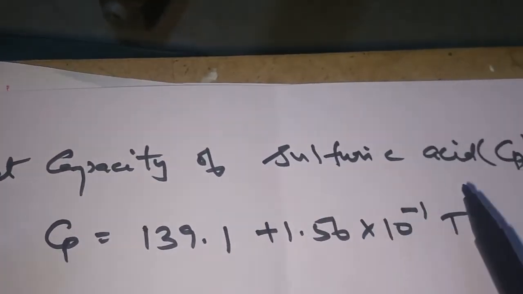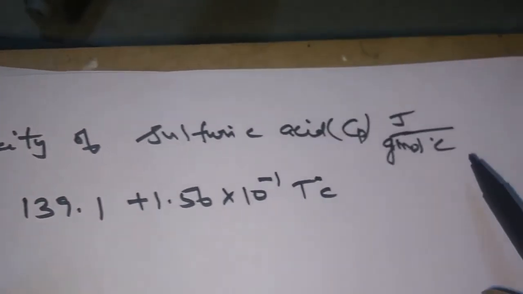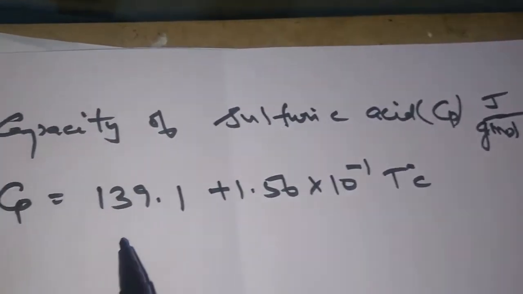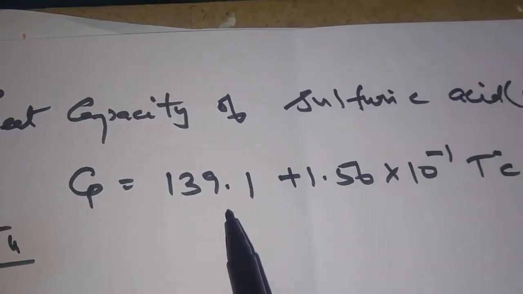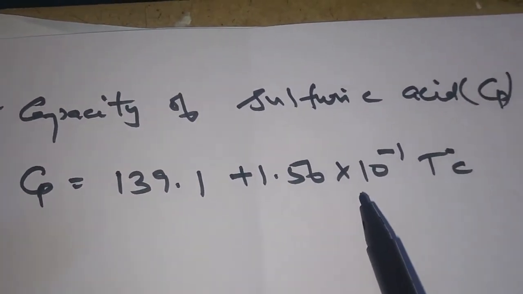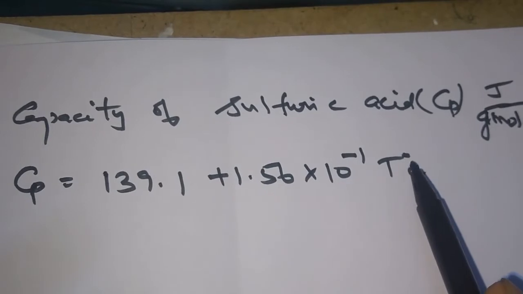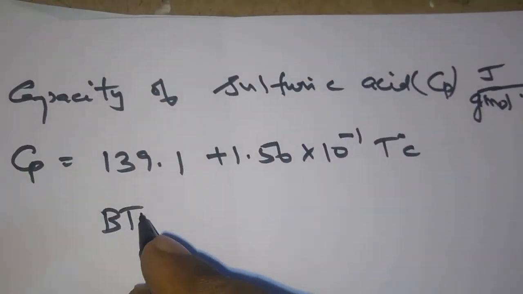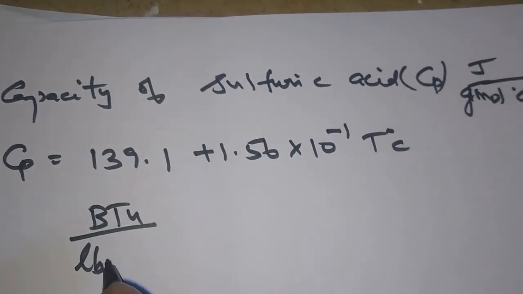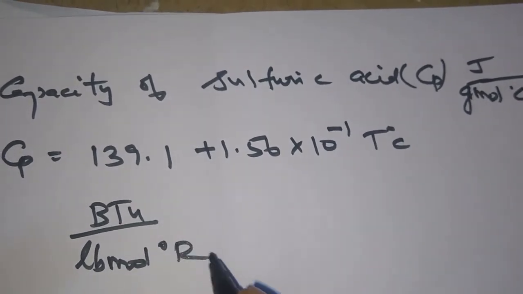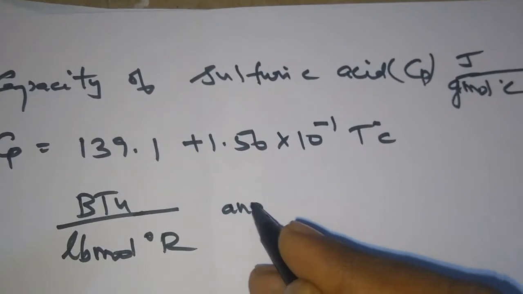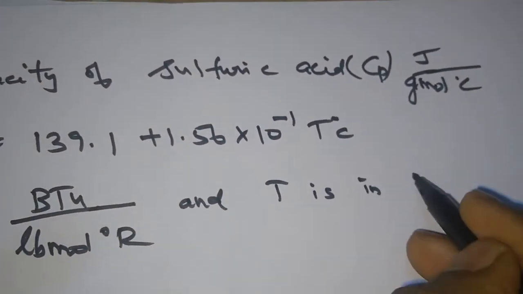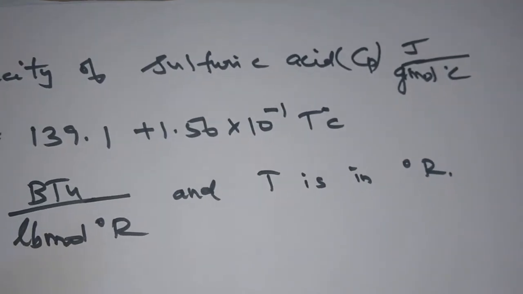Heat capacity of sulfuric acid Cp is given in joules per gram mole degree Celsius, as Cp equal to 139.1 plus 1.56 into 10 power minus 1 T, with temperature in degree Celsius. We want it in BTU per pound mole degree Rankine, with temperature in degree Rankine.